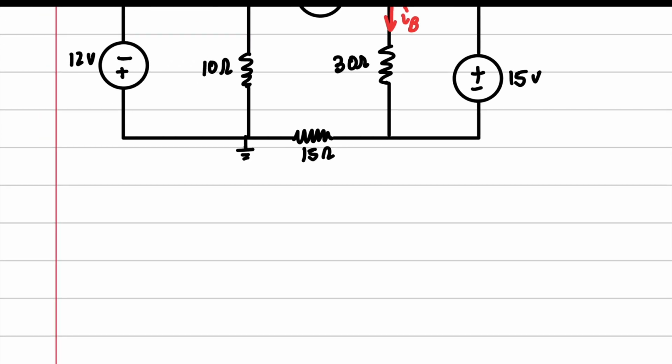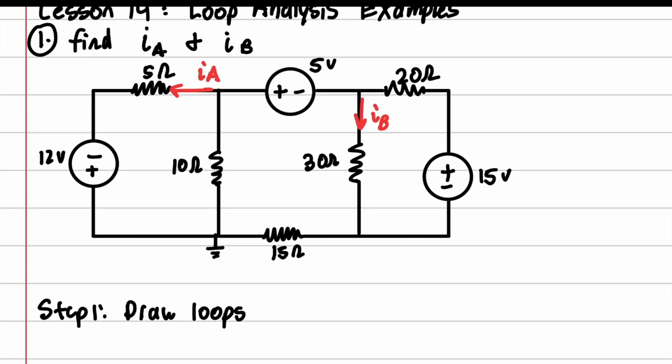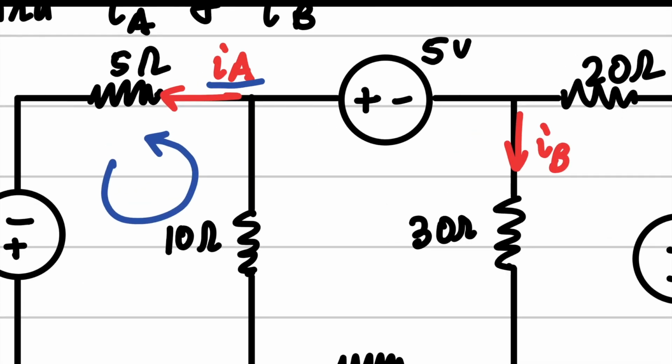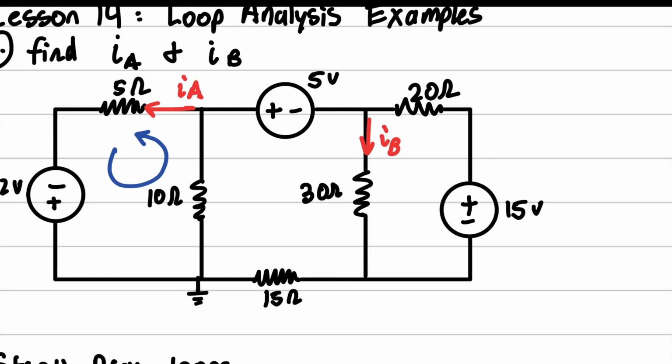So we're going to do step one. And for all of these, I'm going to choose a counterclockwise current because that is going to be in the direction of our currents of interest, which is IA and IB. So I'm going to go ahead and draw those loops.